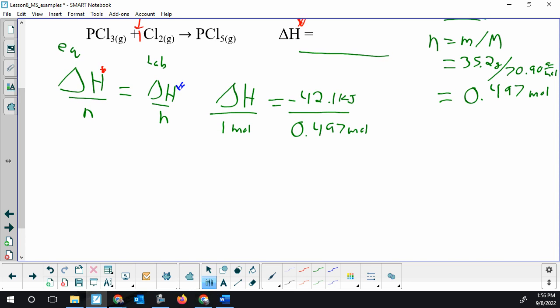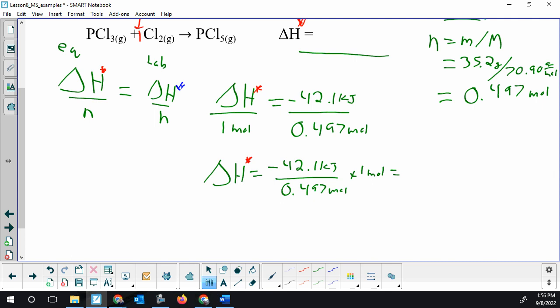We should see 80-some kilojoules in the equation. Now, I'm not going to show all my work. I'm just going to rearrange this. When you solve for delta H, I'm going to keep this red star through it to keep reminding you that's the equation delta H. We're going to get that.